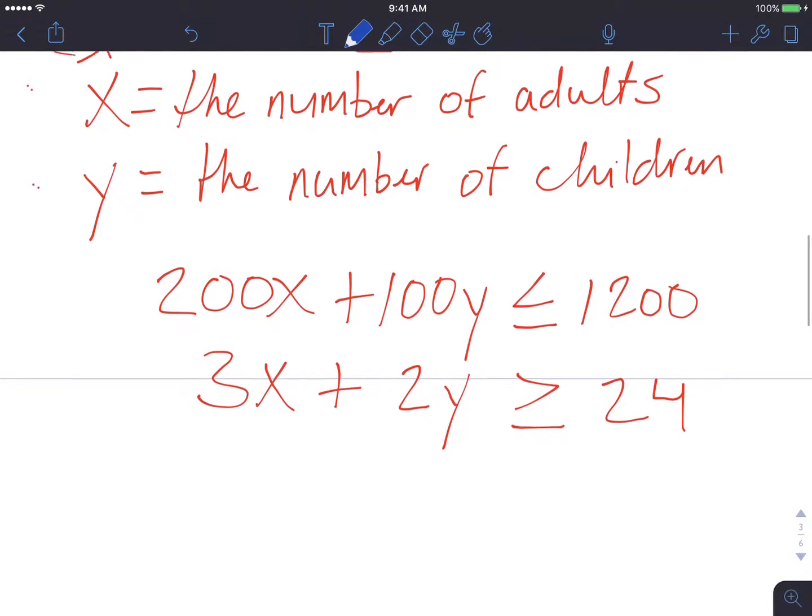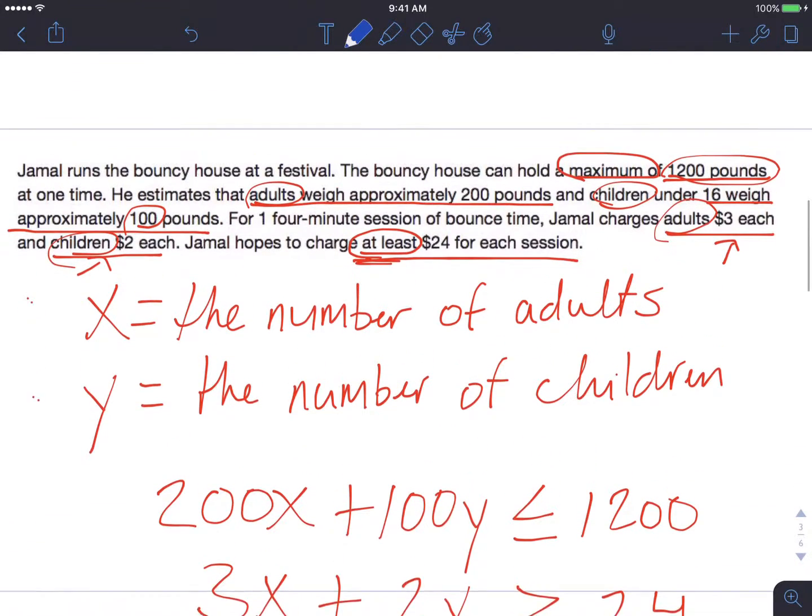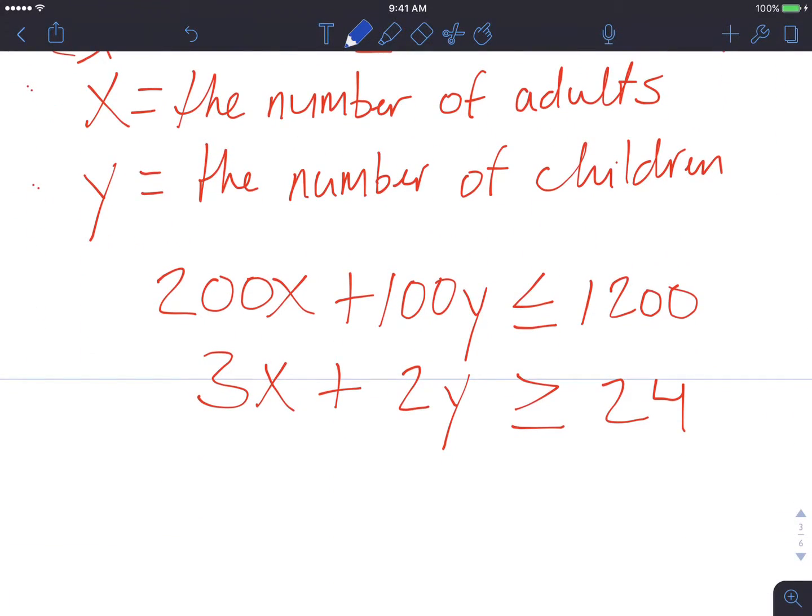So, do we have a system of linear inequalities that represents the scenario? What would you say, yes or no? We do. We defined our variables here. And remember, a linear inequality is one of these here. We already got those. And a system of linear inequalities is more than one.